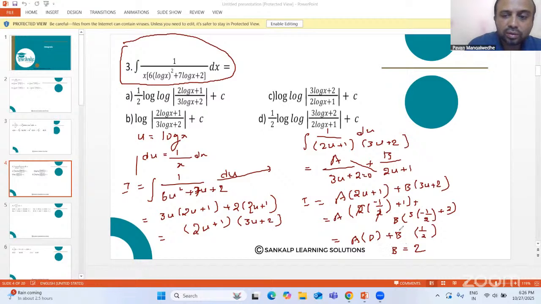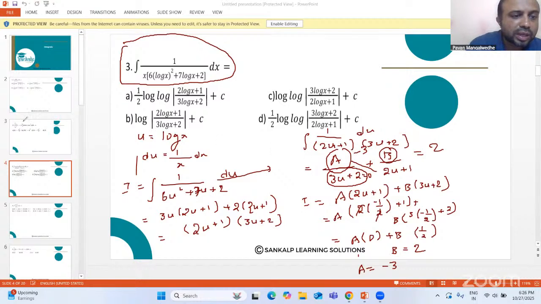Next, when you substitute 3u plus 2 equal to 0, then u will become minus 2 by 3. Wherever u is there, you substitute it, and the value of a you will get on substituting in the first equation. So a becomes minus 3. We already know that b is 2. So in the same expression, substitute b as 2 and a as minus 3.